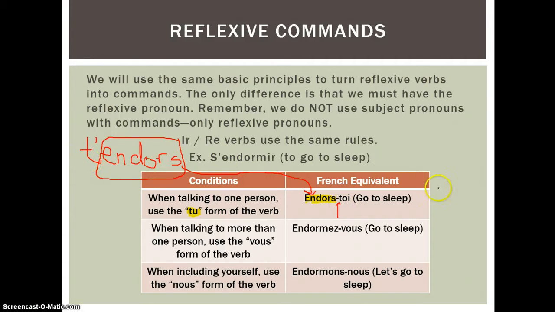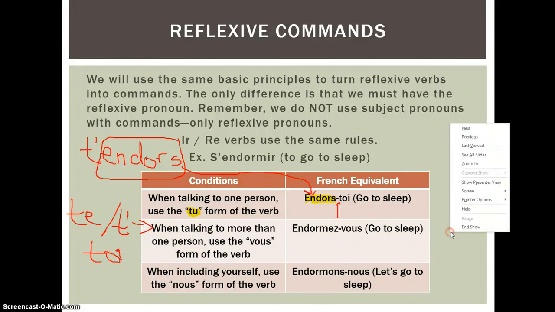Okay? Instead, your TE and T apostrophe are going to change to toi when you're doing commands in the affirmative. Okay, I'll repeat that. When you're doing affirmative commands, you must change the T or the T apostrophe to toi, T-O-I. Okay, that's where the toi came from. Endors-toi.